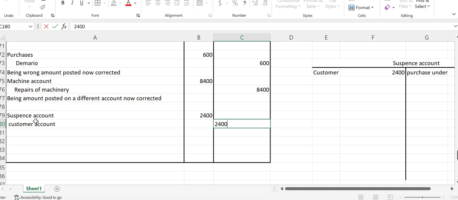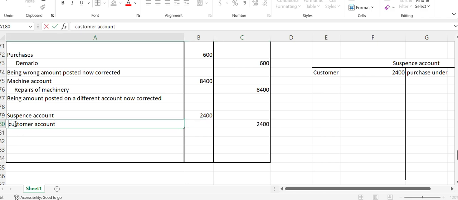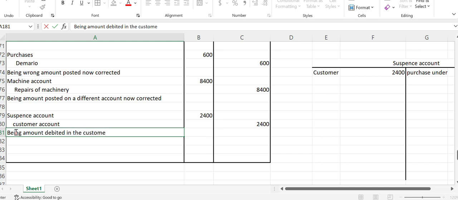The other 1200 was to post now the right amount. So you can write and say amount wrongly debited in the customer account, now corrected. As simple as that.